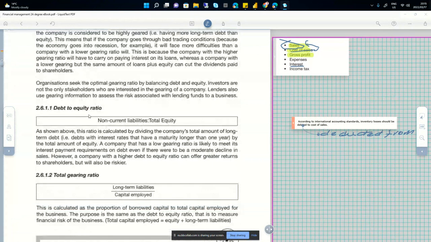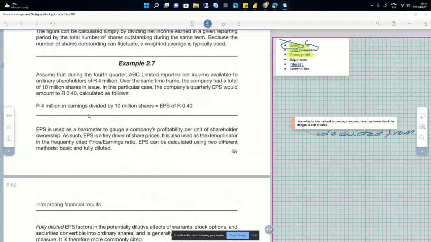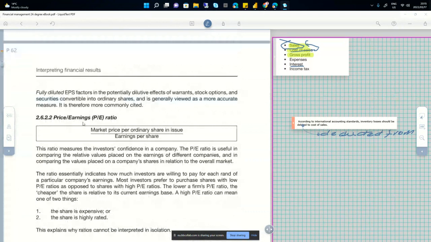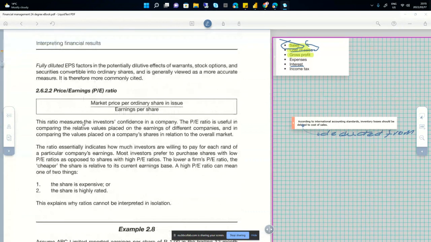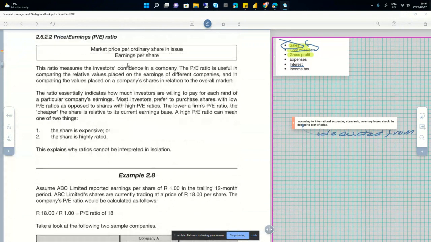This gearing will definitely be looked at by our creditors or by investors who try to invest in the company. Then the price to earnings, a very important ratio in the finance world. Many companies will look at the PE ratio, where we're looking at the market price per ordinary share divided by the earnings per share.